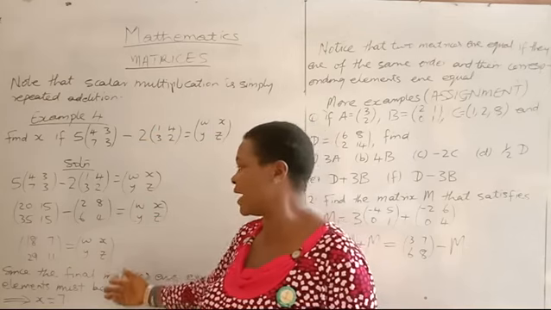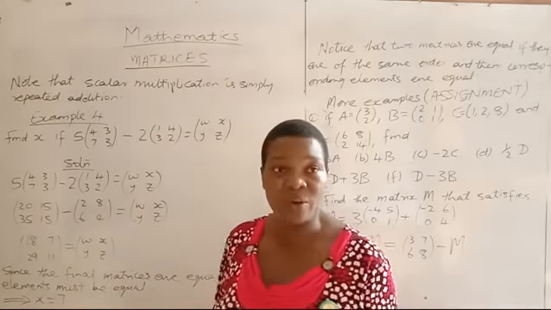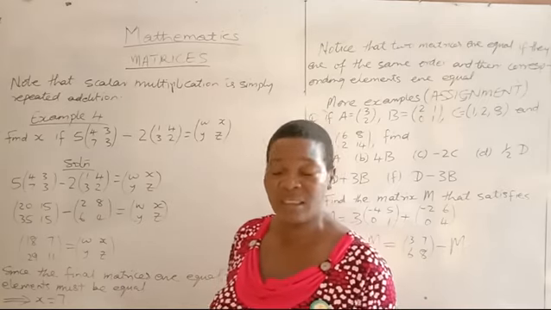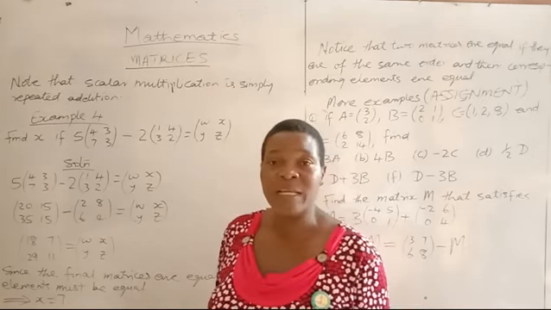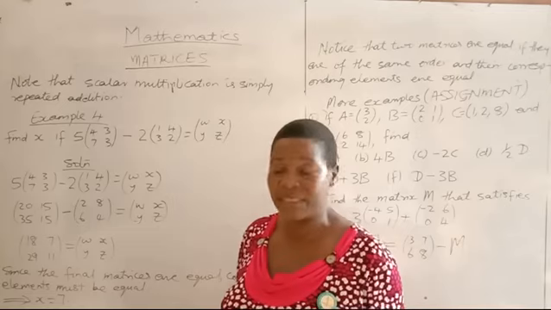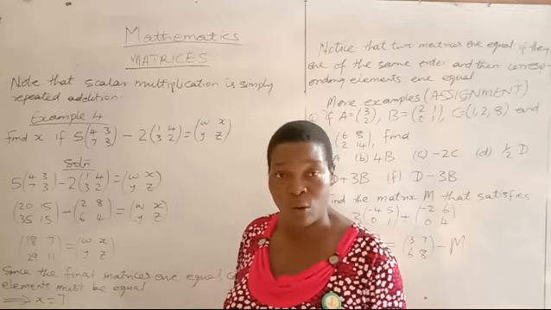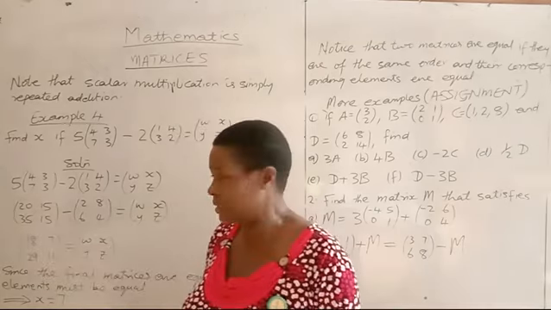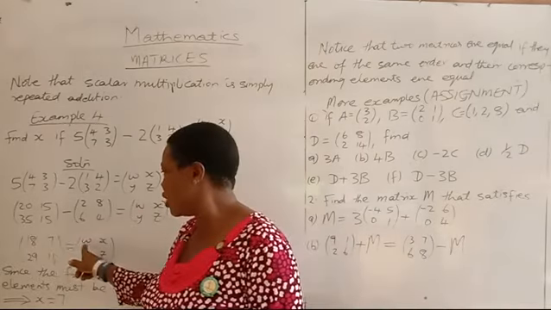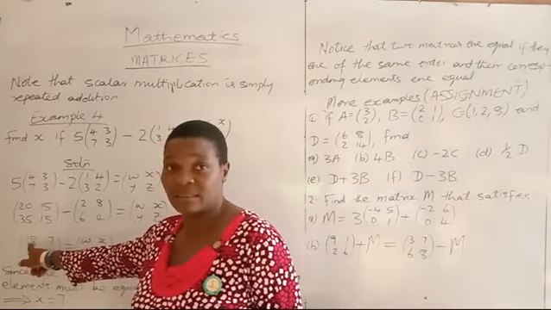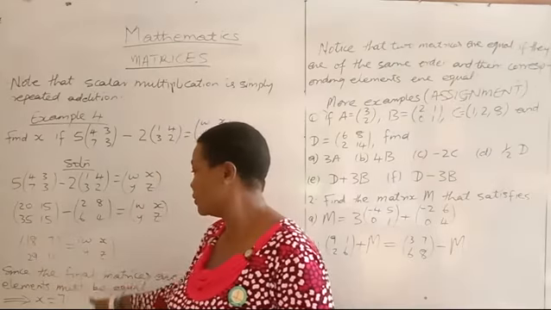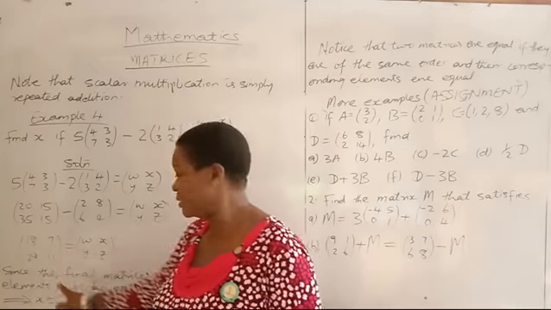Remember what we said about matrices being equal. 1, they must be of the same order. 2, they must have the same elements. Their corresponding elements must be equal. So, comparing that with this, it means W is equal to 18. X is equal to 7. Y equals 29.